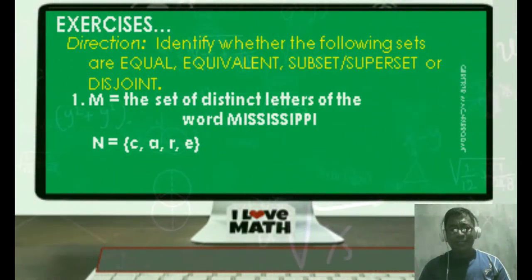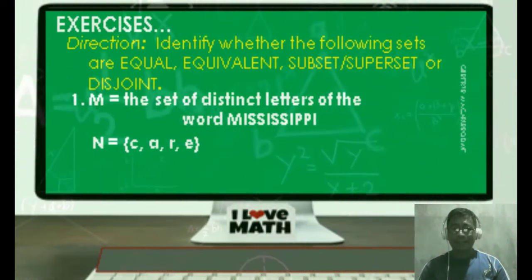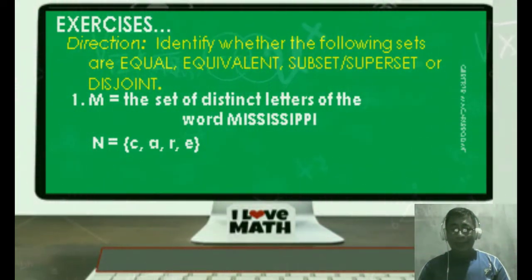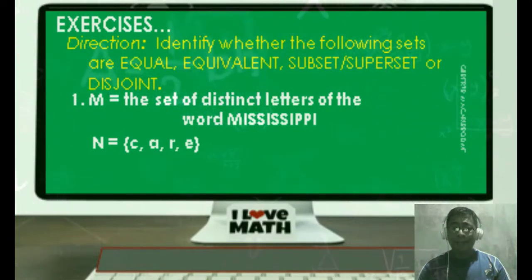What did you notice about the elements of set M? There are repeated letters. And what will you do with the repeated letters? Using the rule method. That's right. You have to write the letters which are repeated only once.